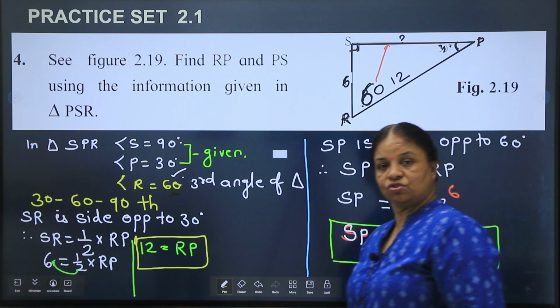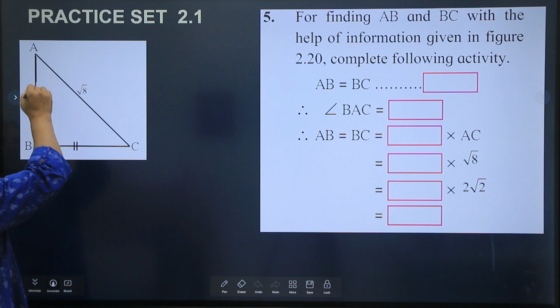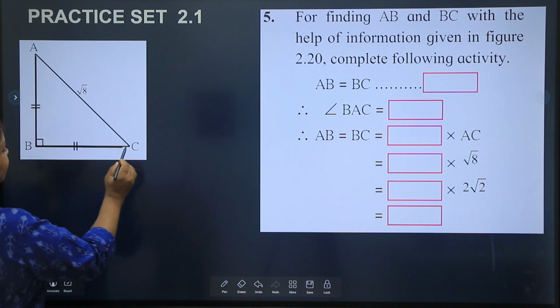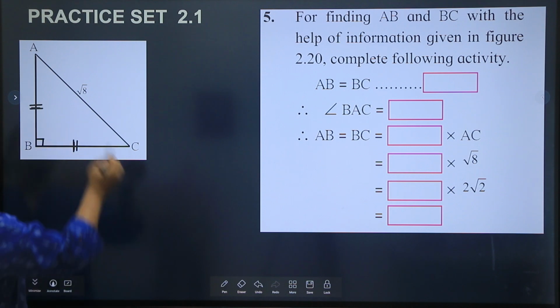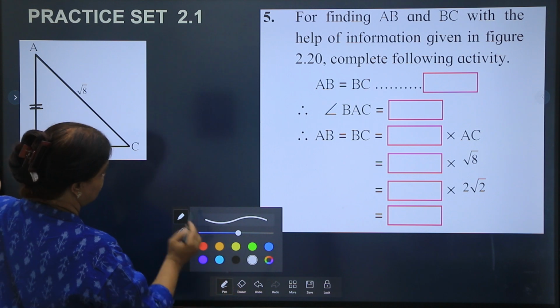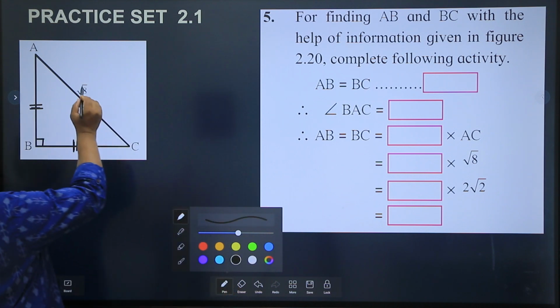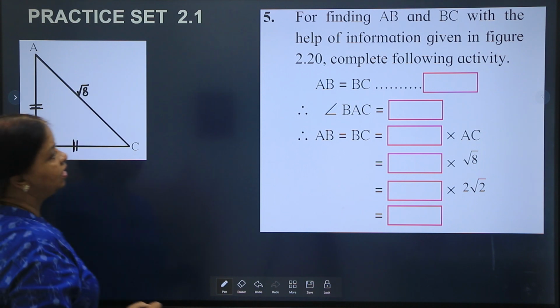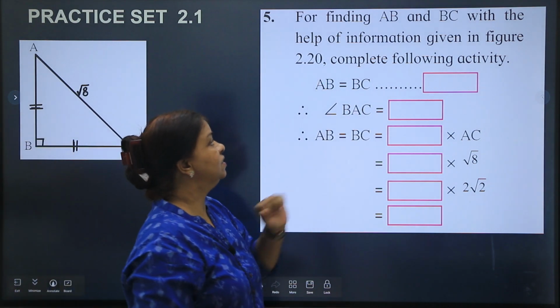Let's move to the next question, children. AB is equal to BC given, and this is given as root 8. Here is an activity given, children.